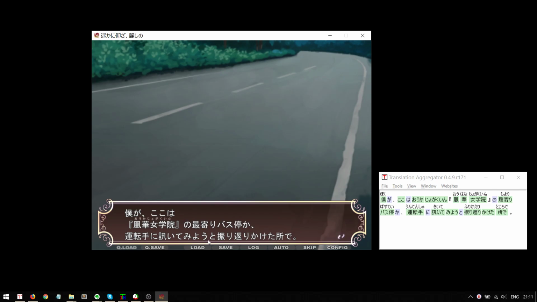His purpose of turning around was trying to ask the driver. In English this would be like, as I turn around in an attempt to ask the driver.